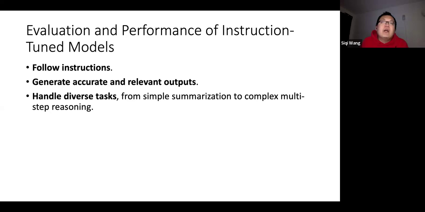Let's talk briefly about how we evaluate these models. After instruction tuning, models are typically evaluated on how well they follow instructions, generate accurate and relevant output, and handle diverse tasks from simple summarization to complex multi-step reasoning. For example, the HumanEval benchmark is often used to test code generation.